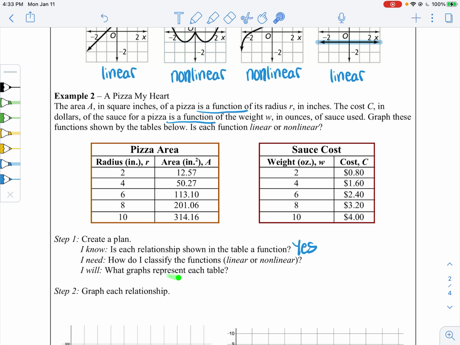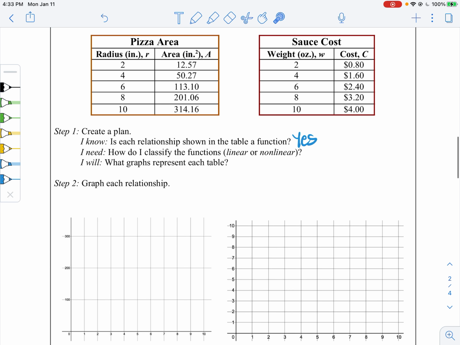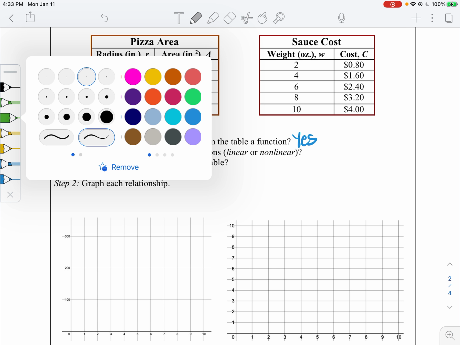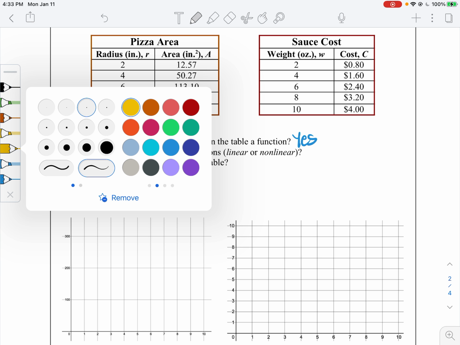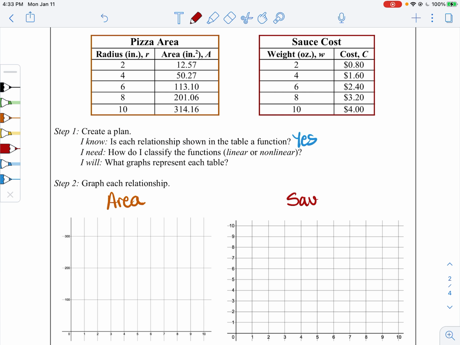So let's use graphs to represent each table. Okay, let's put area on this guy. You know what? We'll make him the color of pizza. There you go. So this is pizza area. And we'll put the pizza cost, or sorry, the sauce on the other one. Nice. Okay.